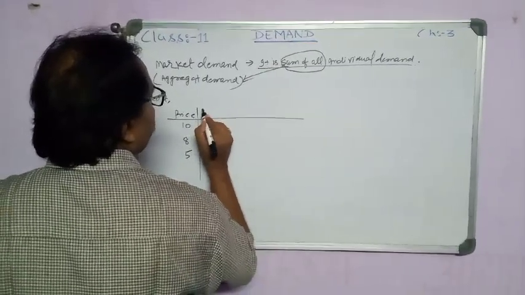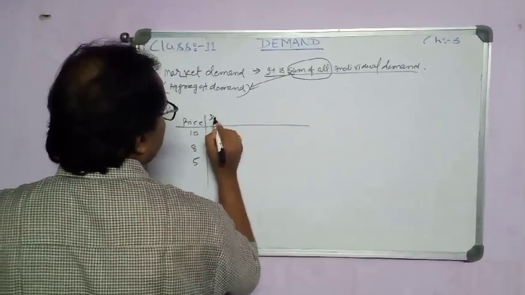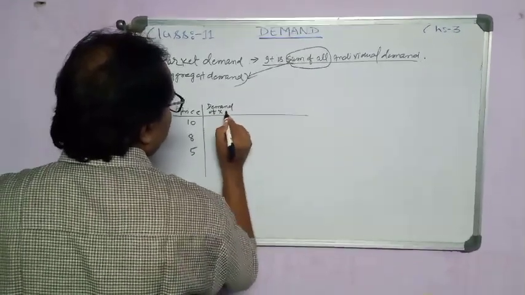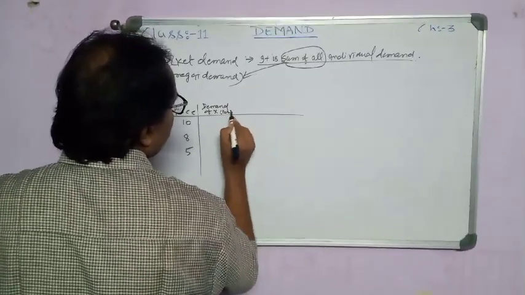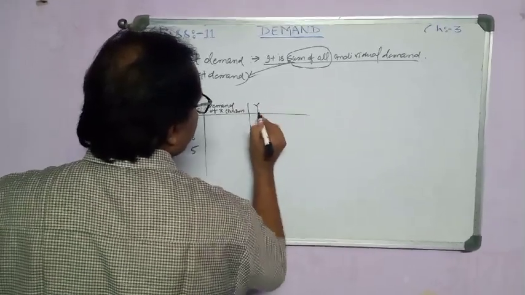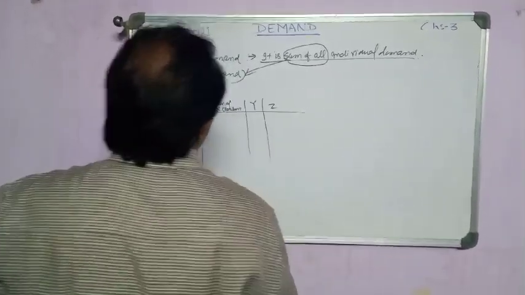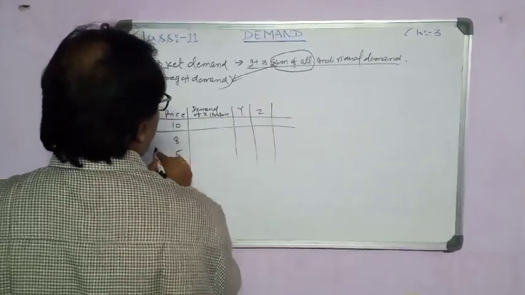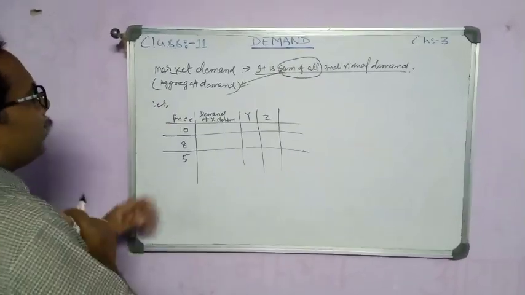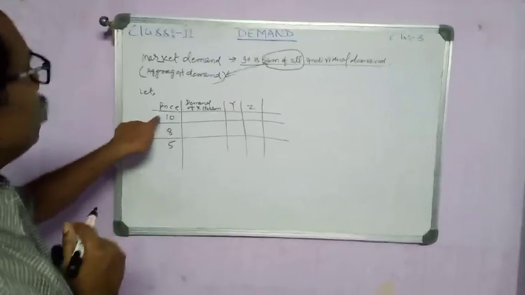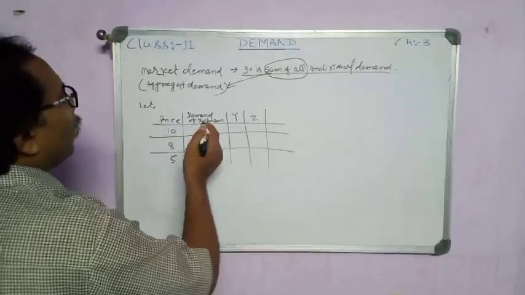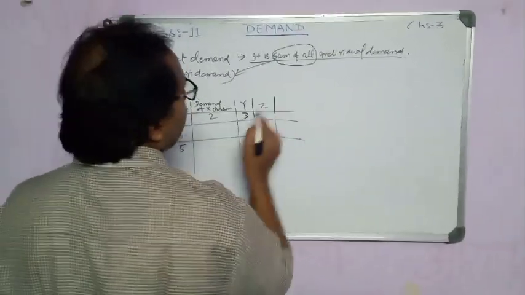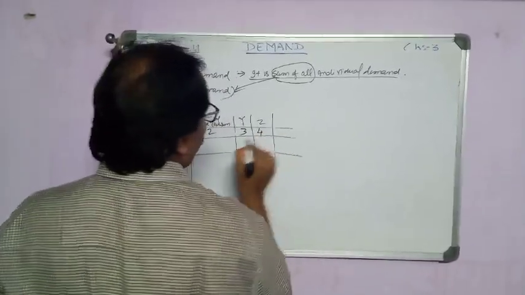Let the demand of person X, person Y, person Z. So that is the demand of 3 groups or 3 people. So suppose when the price is rupees 10, demand of X is only 2, whereas Y is ready to buy 3 units and Z is ready to buy 4 units.